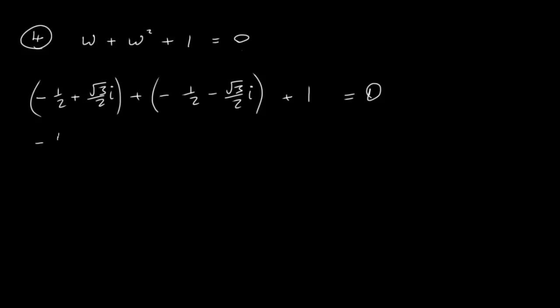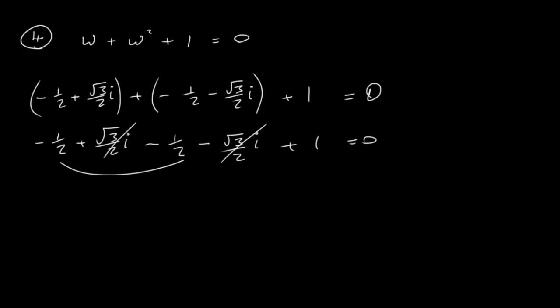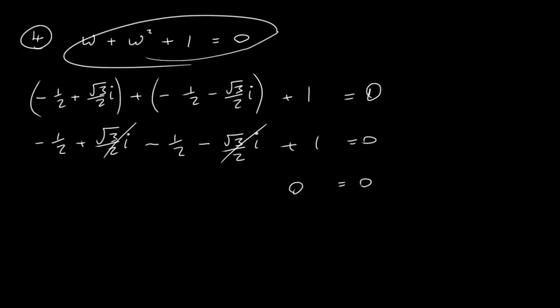So we've got minus a half plus root 3 over 2i minus a half minus root 3 over 2i plus 1 equal to 0. You can see here that we have a plus root 3 over 2i, a minus root 3 over 2i. These two here will give us minus 1. Here we've got a plus 1, so we get 0 is equal to 0. So this does hold up for our three roots.